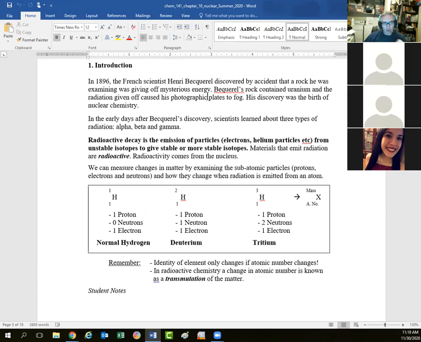Becquerel was an early photography supporter, as well as a mountain climber. He realized that something was being emitted from these rocks that caused the plates to fog up, and this was our first record of radiation. Quite incredible, the leaps and bounds we've made in just over 100 years.